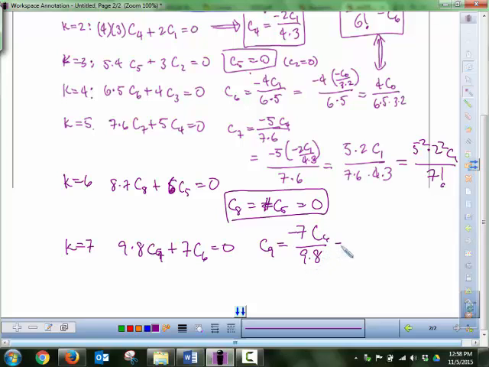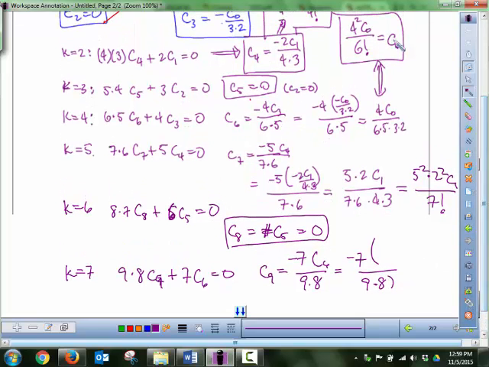So now we have to look for what C sub 6 is equal to. C sub 6 was 4 squared C sub 0 over 6 factorial, positive. So this is 4 squared C sub 0 over 6 factorial.